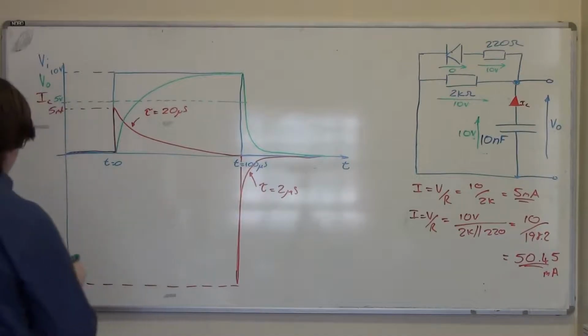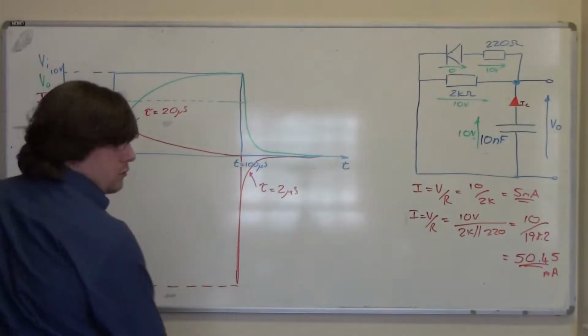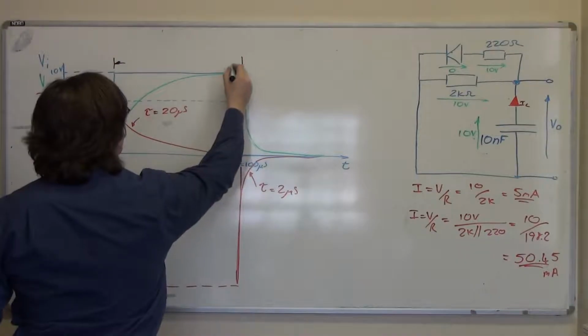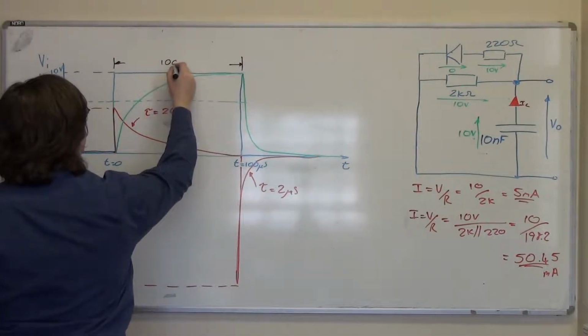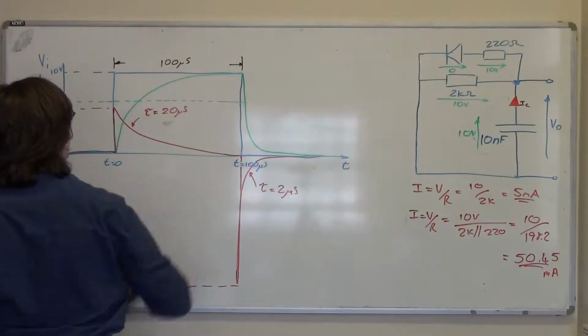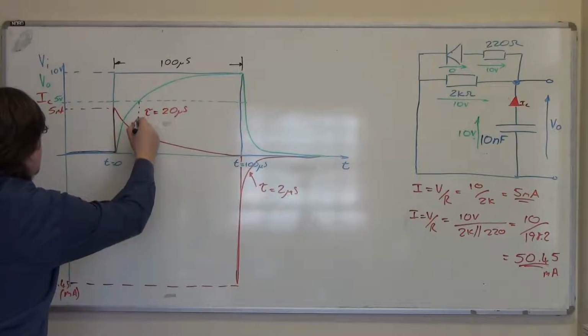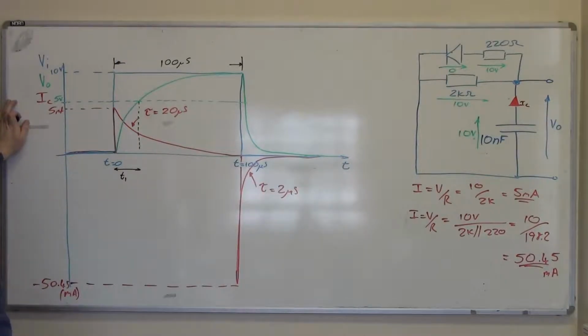So we know that this distance here is 100 microseconds. And we know that there is an unknown amount of distance here, I call it T1.